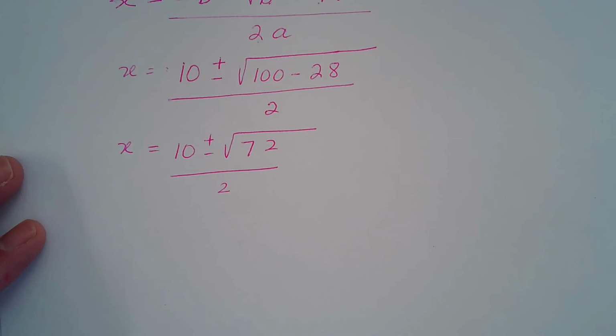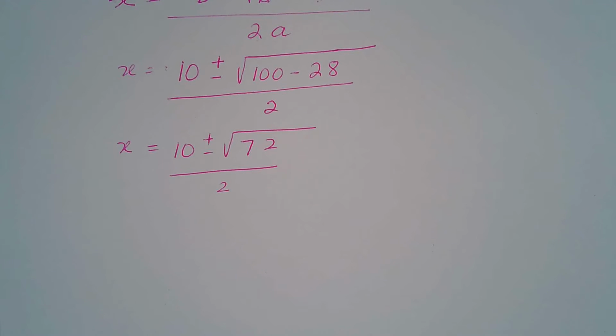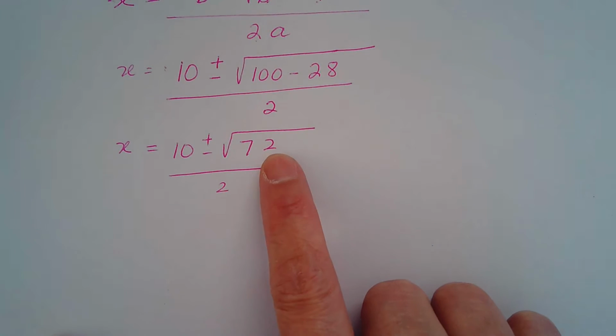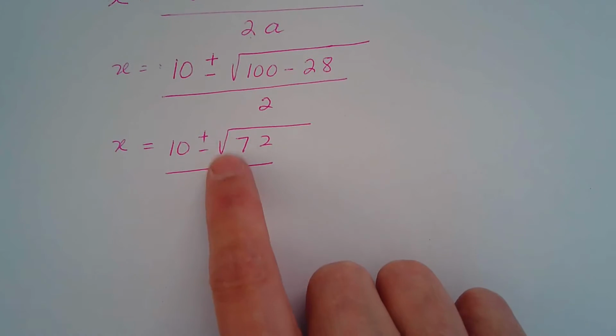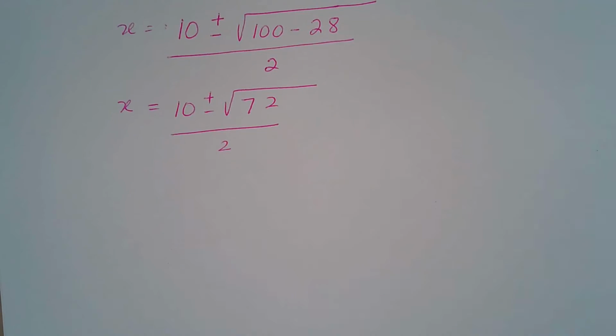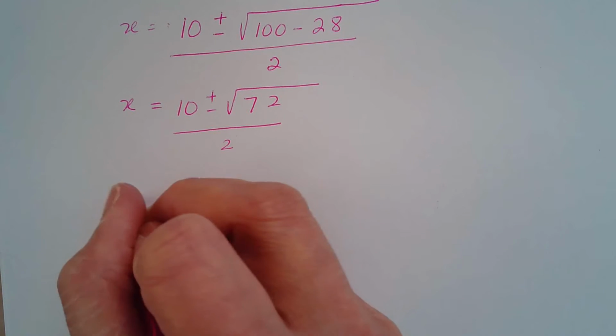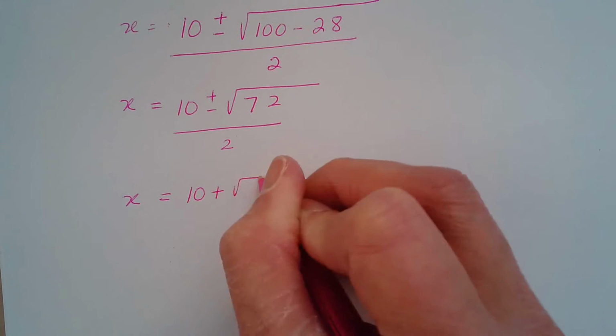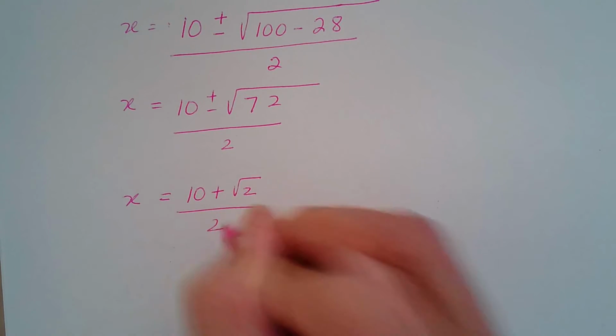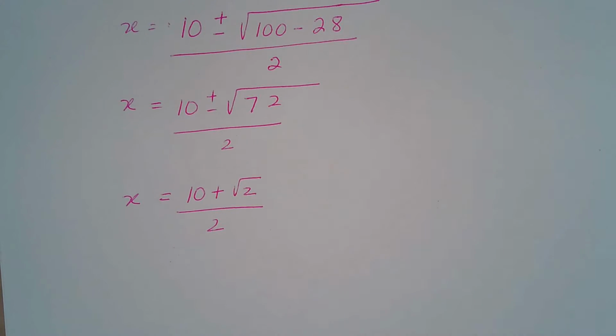Okay, good. So now I can see that there are two possible roots. There are two solutions to this. The discriminant is positive, so that means there's two solutions, right? So first solution would be x is equal to 10 plus the root of 72 over 2, whatever that is, right?